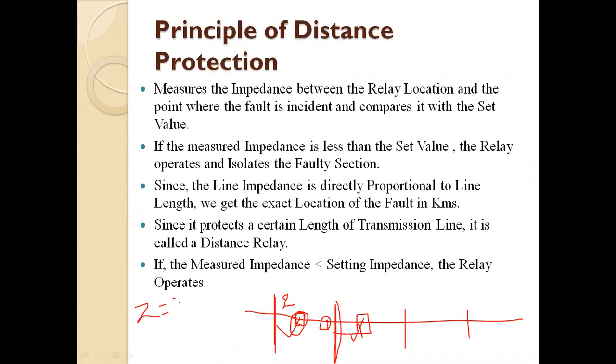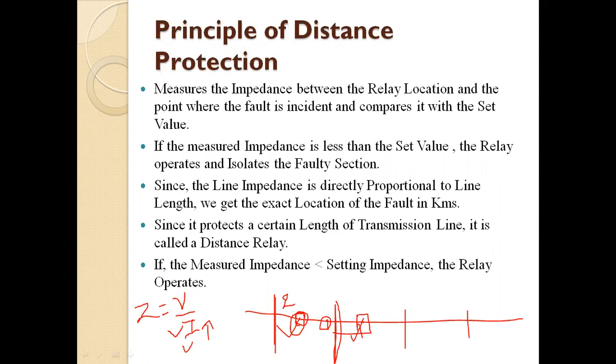Because Z is equal to V divided by I, right? Impedance is equal to voltage divided by current. Here also the current is considered, because when your fault occurs, your current increases. Under normal working conditions your voltage is high and current is less.